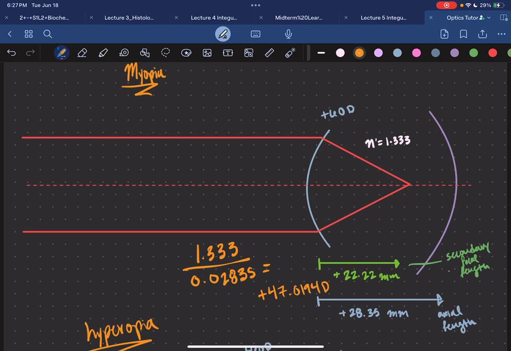So basically we need to find a lens that corrects that positive 60 and makes it a 47.0194. Or we could do a contact lens, right?